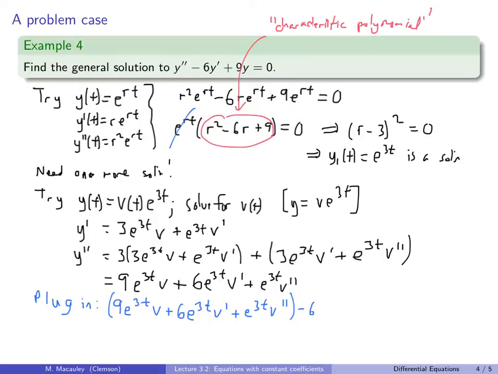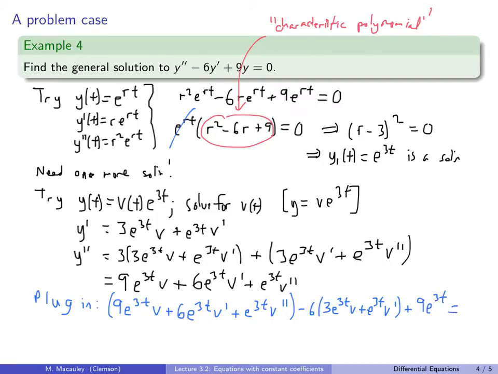Minus 6 times 3 e to the 3t v plus e to the 3t v prime, and plus 9y, y is just v times e to the 3t, plus 9 e to the 3t v.